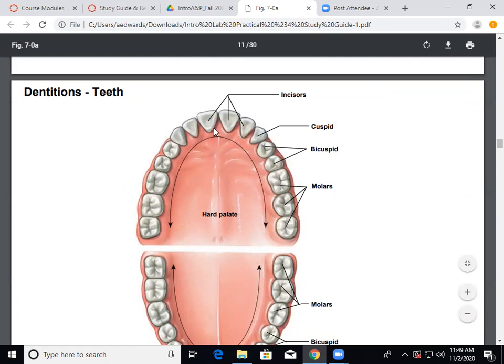But going from the midline, you have incisors, cuspid, bicuspid, molars. Molars have more of a flat, bumpy shape, whereas the incisors are more pointed. Bicuspids start to get a bumpy shape, but not nearly as large as your molars. And your cuspids are pointed, but not nearly as pointed as your incisors.